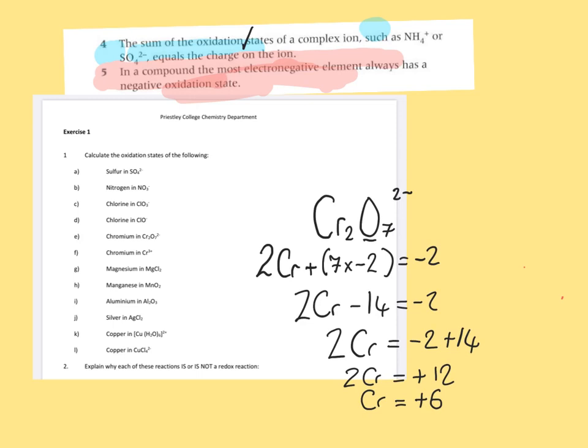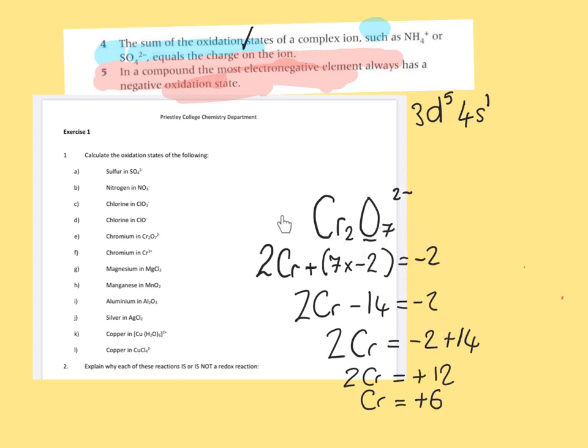That makes sense because if we look at chromium's electron configuration, remember it's 3d5 4s1. It has a total of 6 electrons in its highest energy level, and it can involve all of them in bonding, sharing 6 of those electrons with these oxygen atoms here.